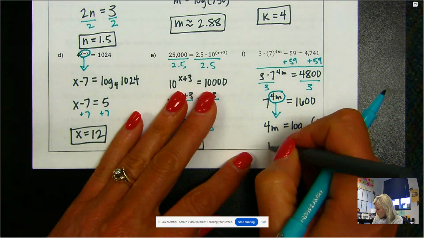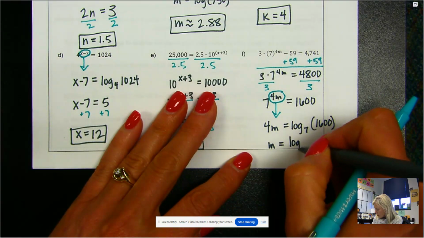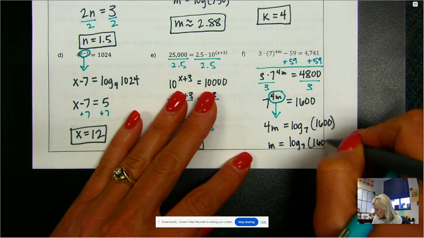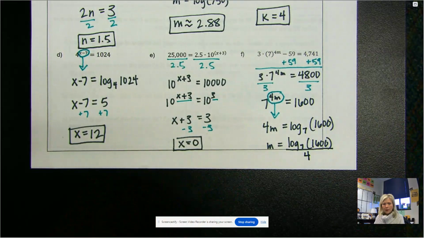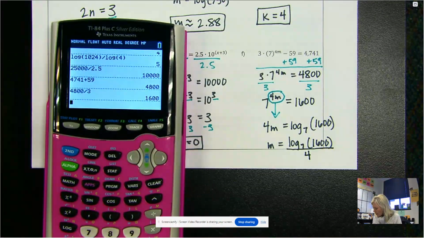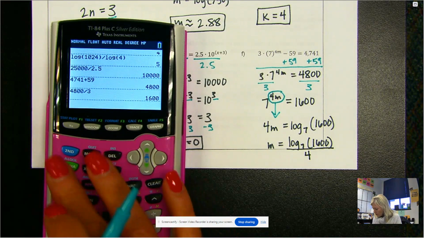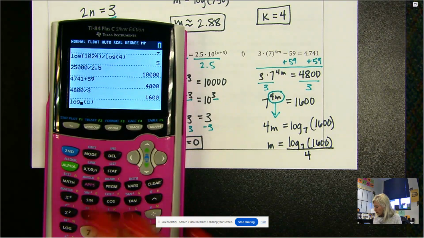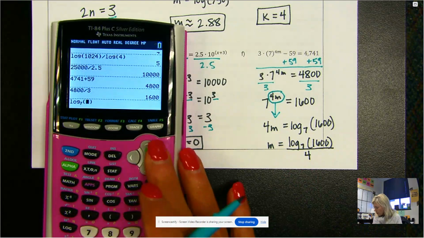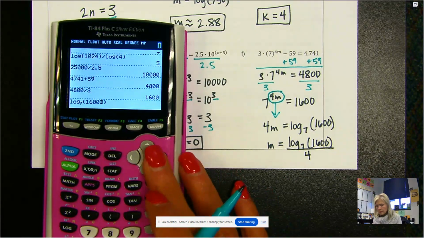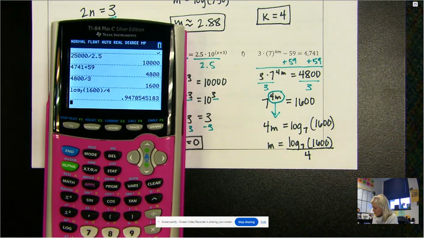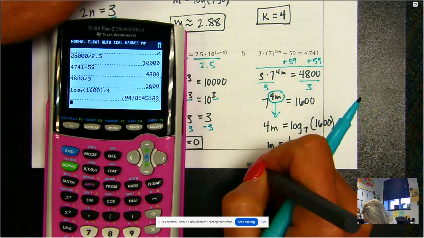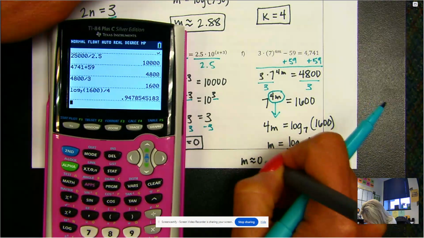And so m is equal to the log base 7 of 1600 divided by 4. And I'll put that in the calculator. Log base 7 of 1600 and then divide by 4. About 0.95. Write that here. M is about 0.95.